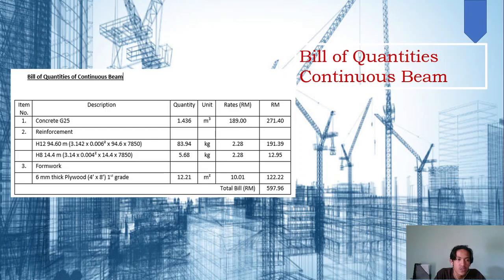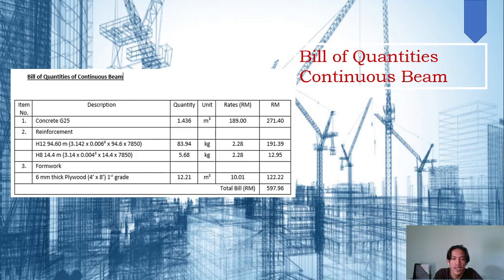And then for the reinforcement we will use H12 and also H8. The quantity of H12 is 83.94 in kg. The latest rate of the reinforcement H12 is 2.28.